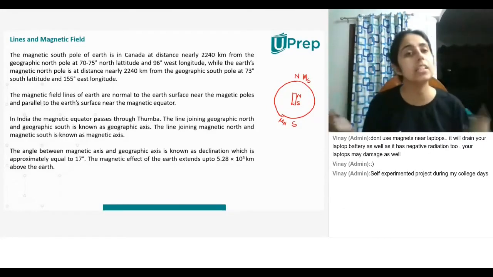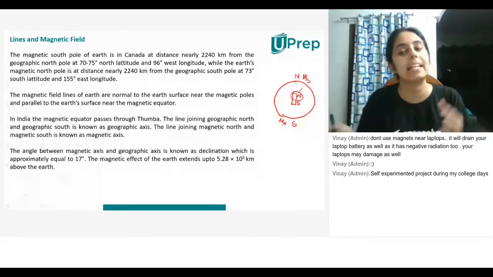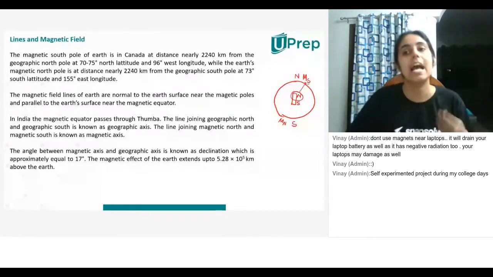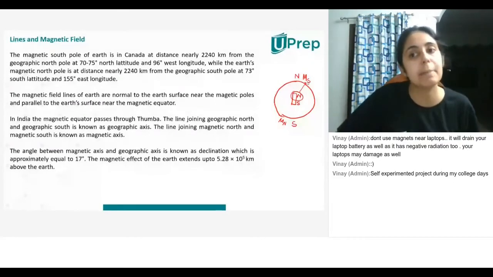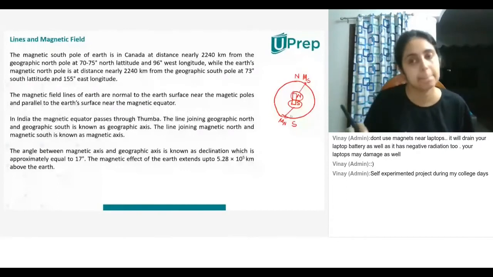So that means earth is also a huge magnet, and we know unlike poles attract each other, so the magnet's north pole will go in the direction of the magnetic south pole of the earth, and the south pole of this magnet will go towards the magnetic north pole of the earth.